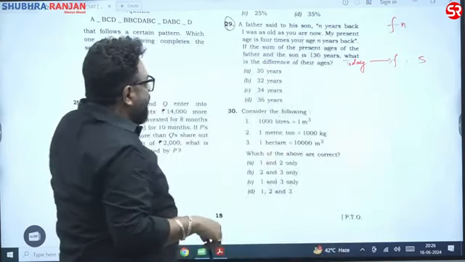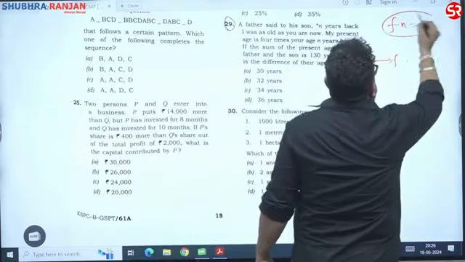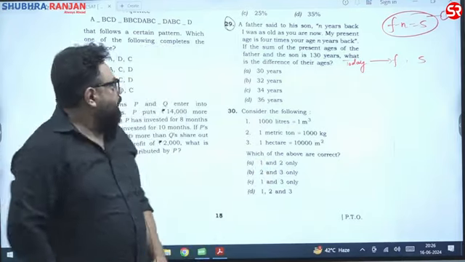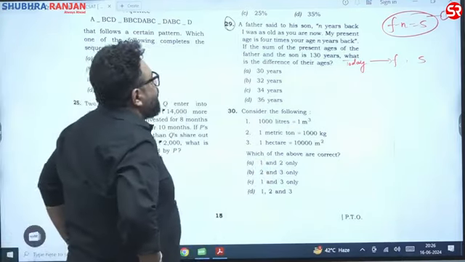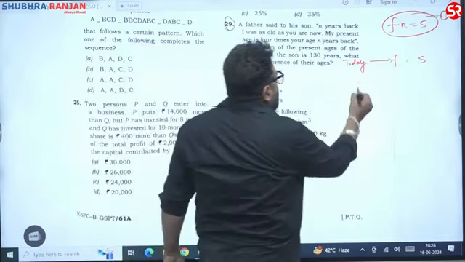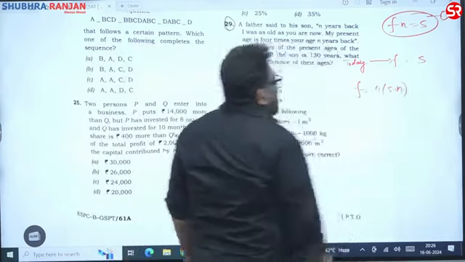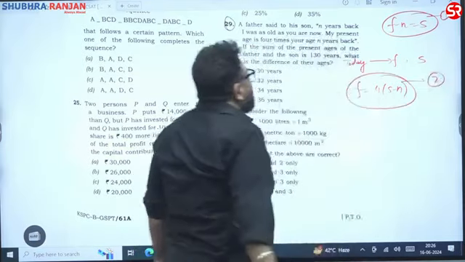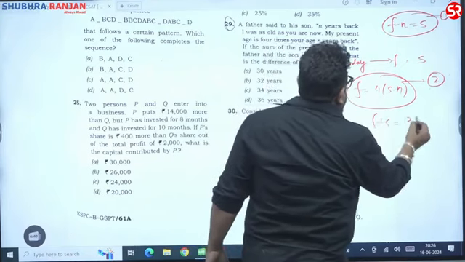I was as old as you are today, now. So this is one equation. F minus N is equal to S, right? And then he says, my present age is 4 times your age N years back. And today, I am 4 times S minus N. This is your second equation, equation number 2. And then he says father plus son is equal to 130.